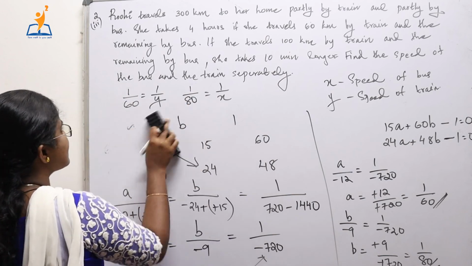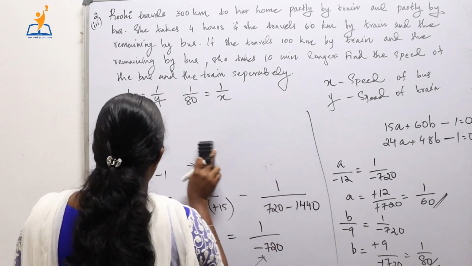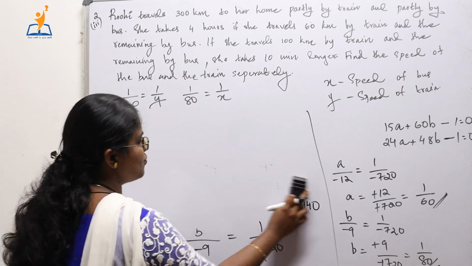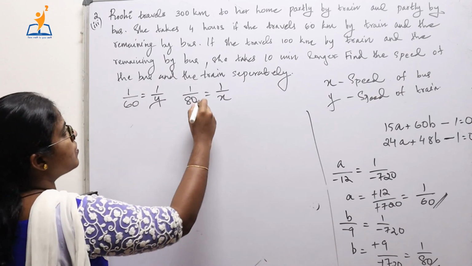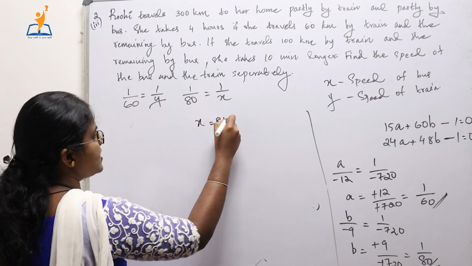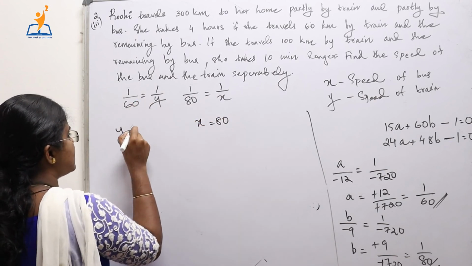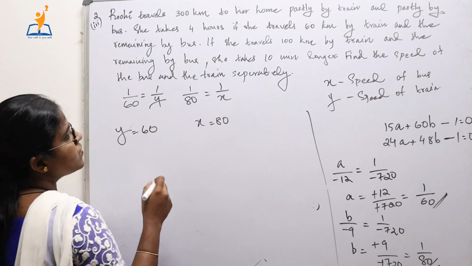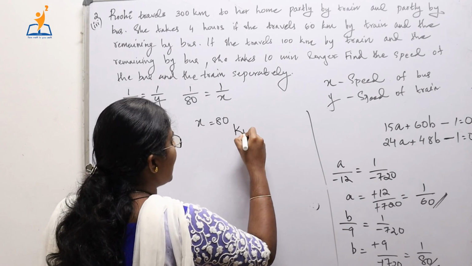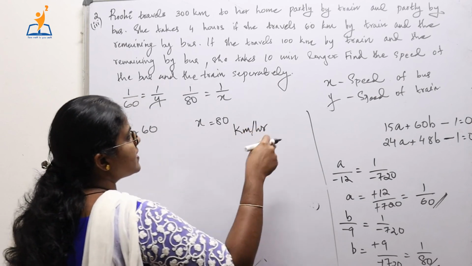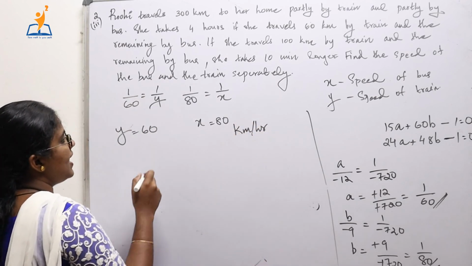So 1 by 60 is equal to 1 by y and 1 by 80 is equal to 1 by x, which means x is equal to 80 and y is equal to 60. So the speed of the bus, that is x, is 80 km per hour and the speed of the train, that is y, is 60 km per hour.